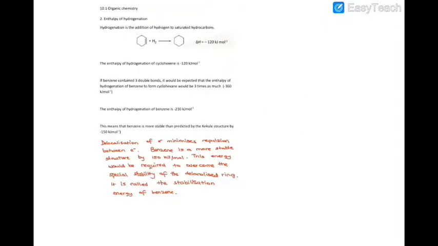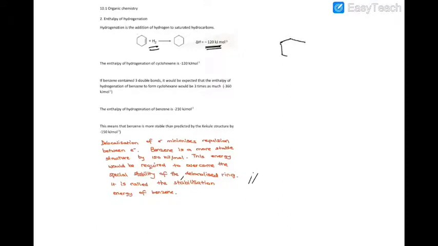The second evidence is enthalpy of hydrogenation. When you add hydrogen to cyclohexene, it takes 120 kilojoules of energy. So if benzene contained 3 double bonds, so if you add one mole of hydrogen to a double bond, it's 120 kilojoules.